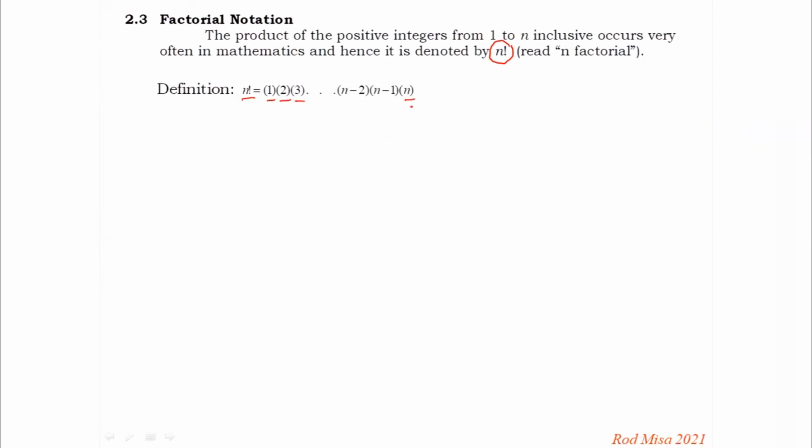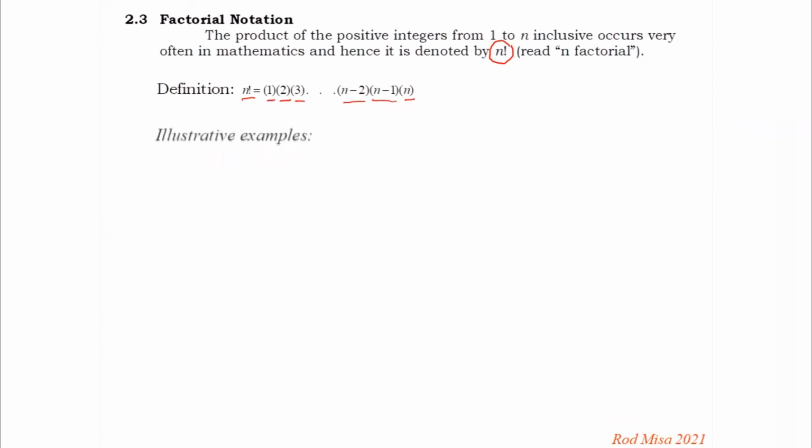So therefore, if you multiply the positive integers from 1 to n, the integer before n is n minus 1 here. And then before n minus 1, we have n minus 2. So that is why n factorial is a product of the numbers from 1, 2, 3, up to n minus 2 times n minus 1, and then n. Because you see, the numbers are increasing from 1 to n.